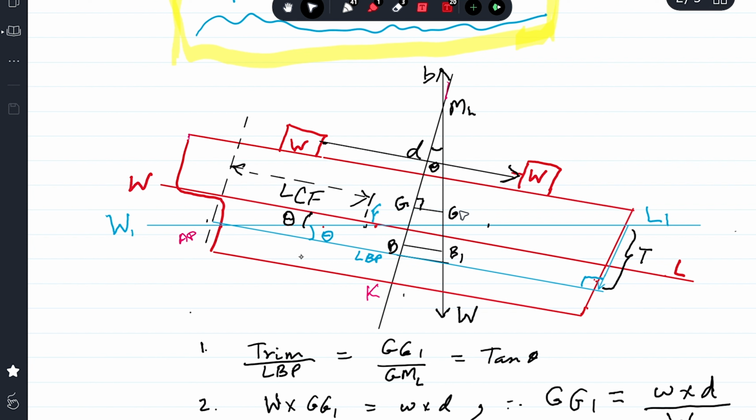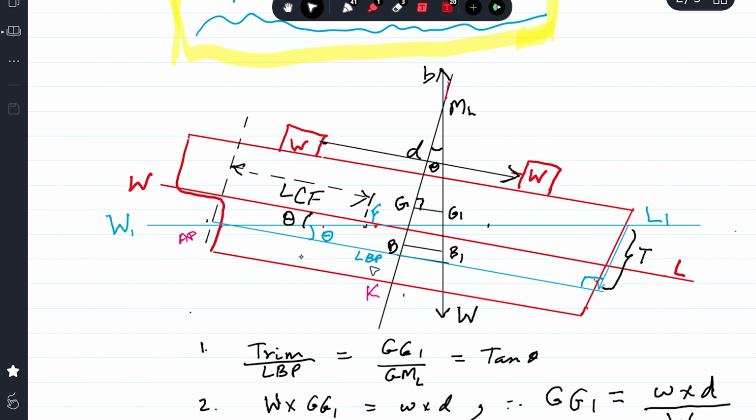So see the small triangle GG1ML and the big triangle, which is formed by the trim and the length between perpendiculars in blue lines. The angle theta is the same because the angle formed between the two water lines, when the ship was floating earlier on even keel and now trimmed, is the same as the angle formed between the two verticals.